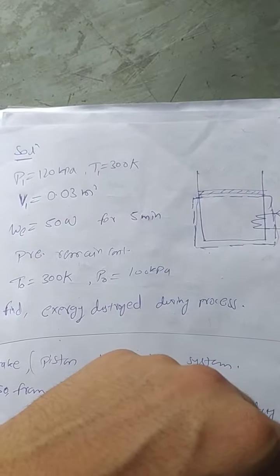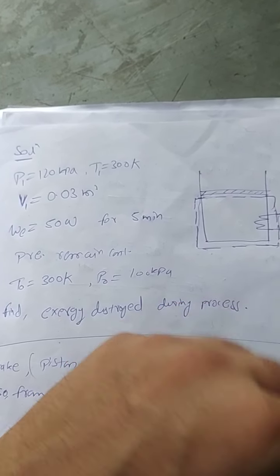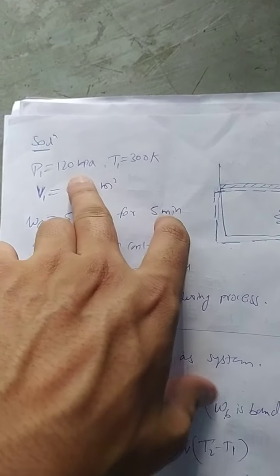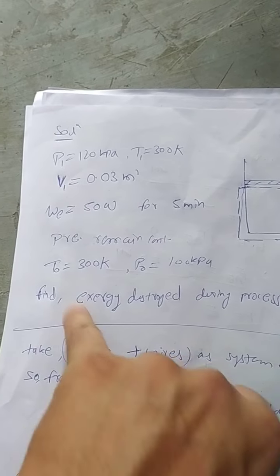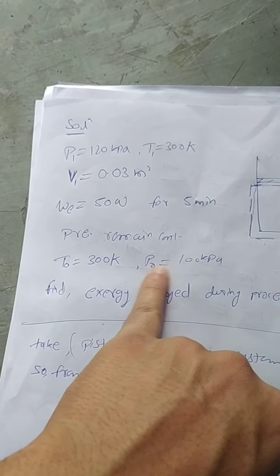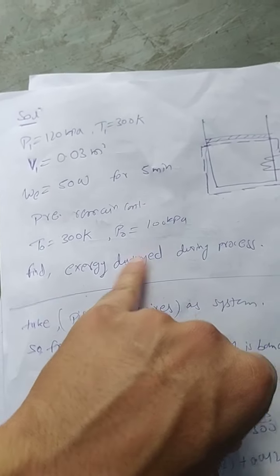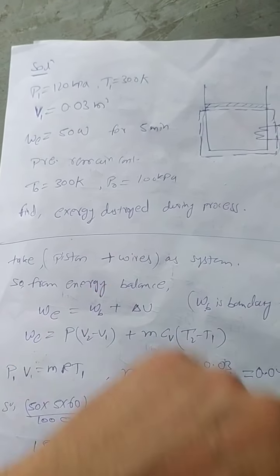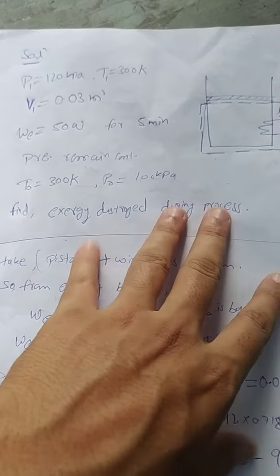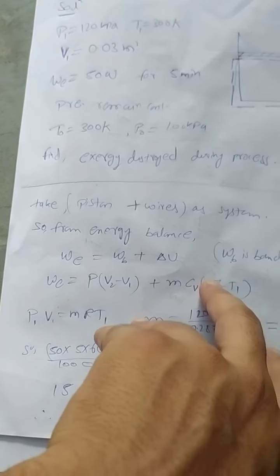From state 1 to 2, pressure remains constant, that is 120 kilopascal, so it is a constant pressure process. Now ambient temperature is 300 Kelvin, ambient pressure 100 kilopascal. Find exergy destroyed during the process. So for the whole process, exergy destroyed is to be calculated.